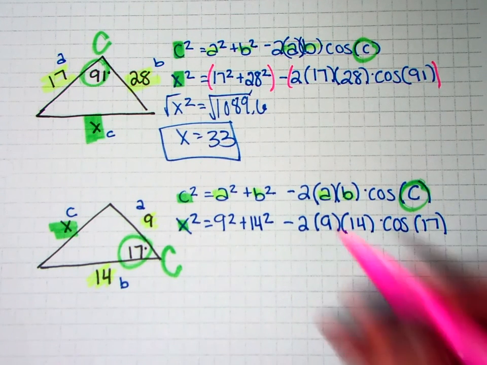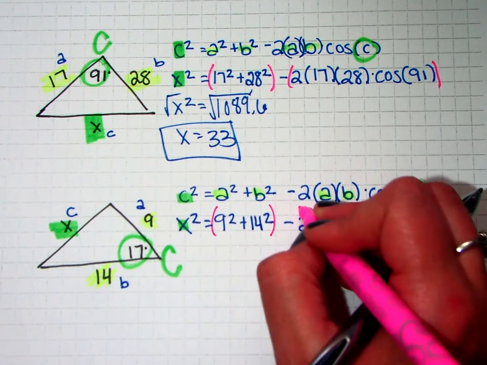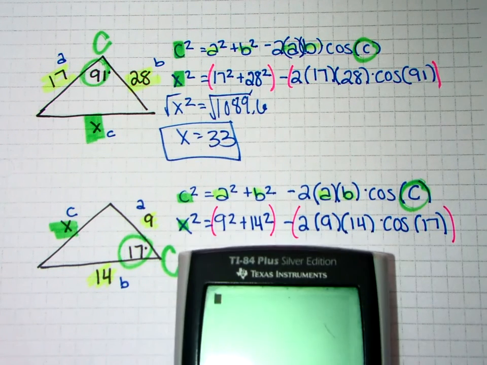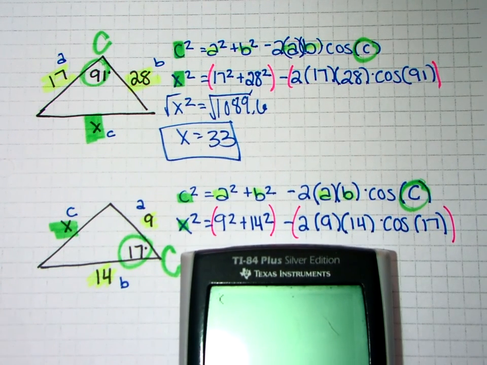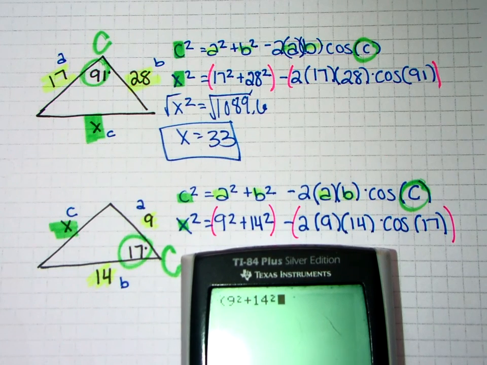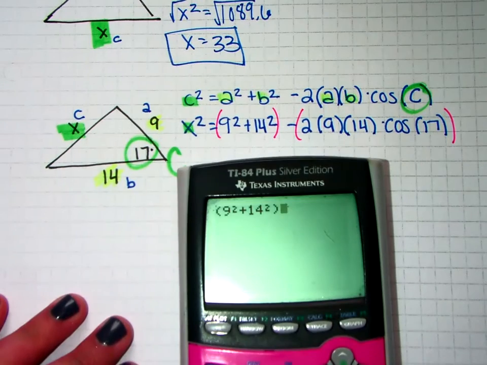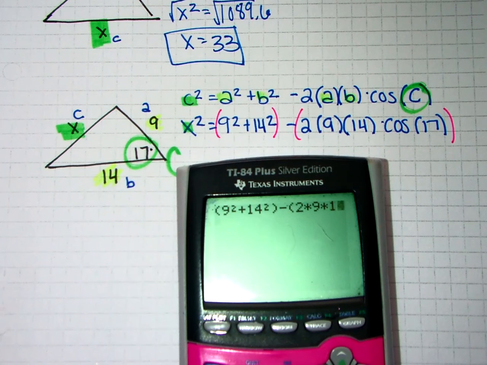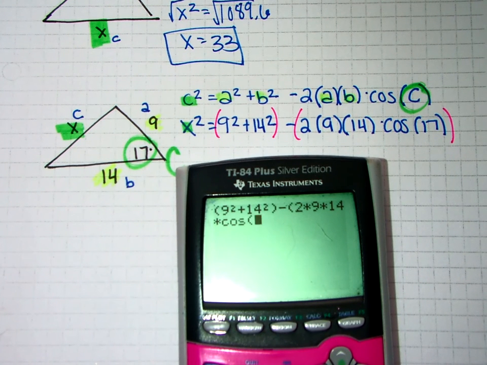When typing this into my calculator, I'm going to group the first two and then this whole last part. So in my calculator, I'm going to do parenthesis 9 squared plus 14 squared, close parenthesis, minus, open a new set, 2 times 9 times 14 times cosine of 17.